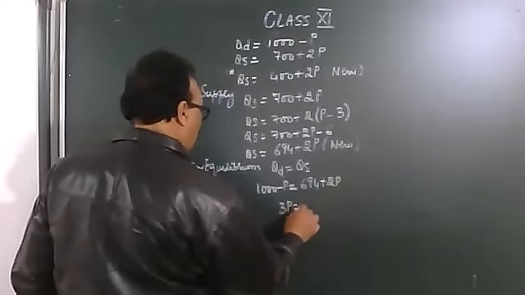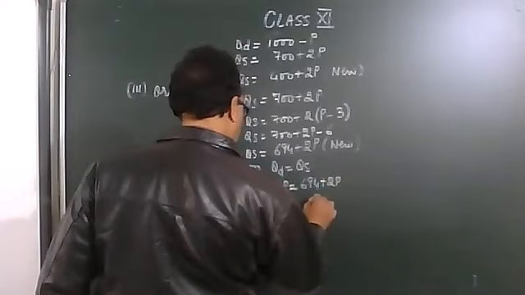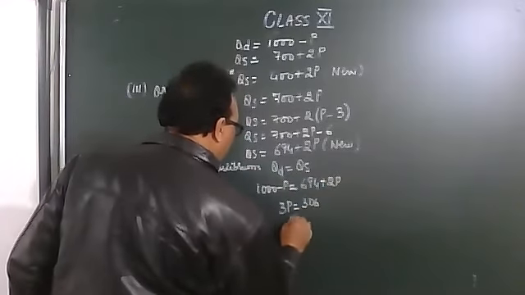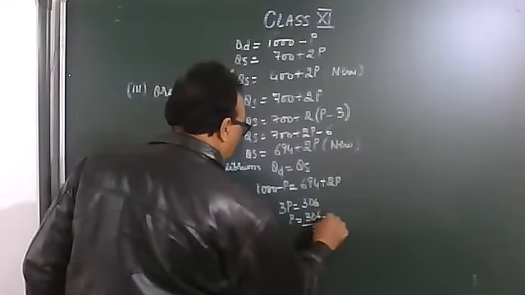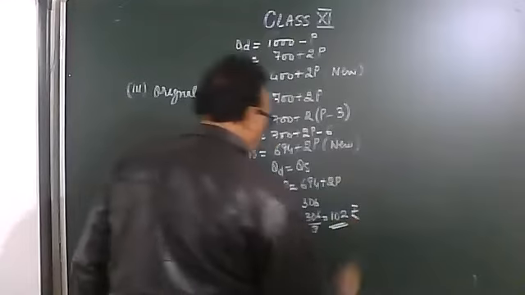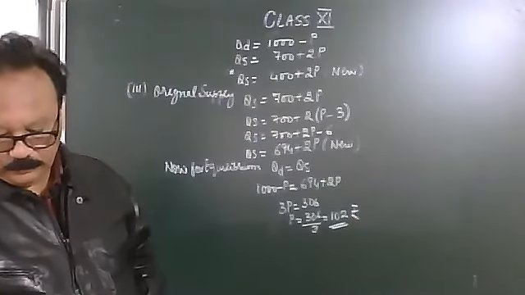So 3P is equal to 306. So P is equal to 306 upon 3, 102 rupees. So the price is 102 rupees.